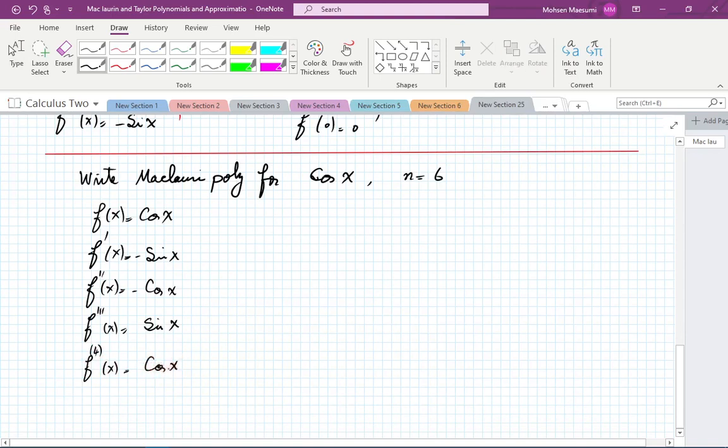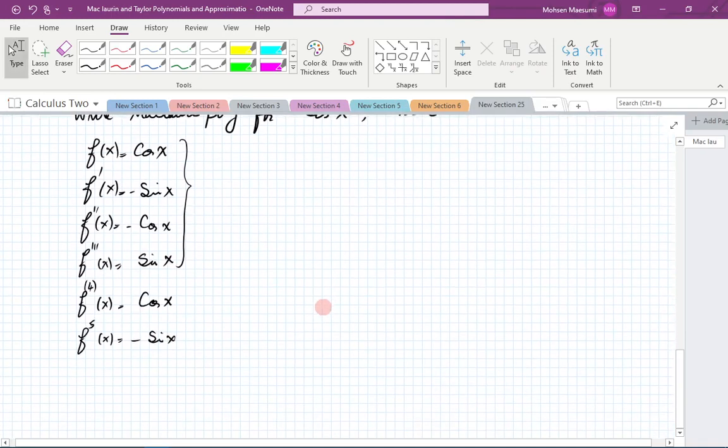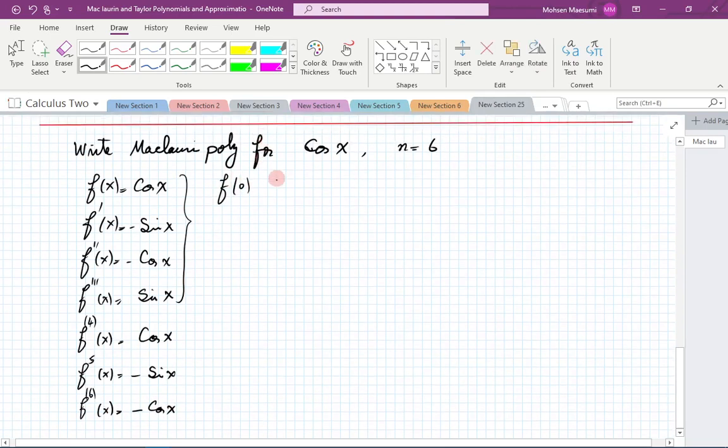So the property of sine or cosine is that after 4 iterations you go back to where you were, and f5 again is minus sine. So this is the repeating block, if you wish. F6, we are back to minus cosine. So at 0, what do I have? At 0 it is 1.